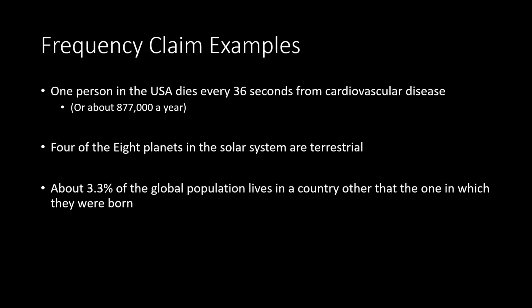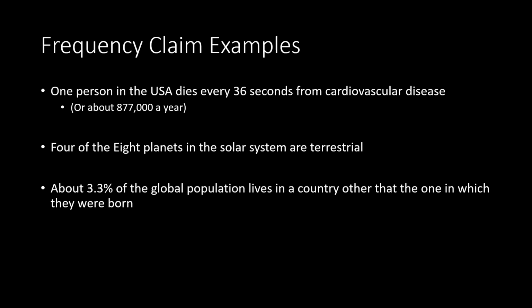Another frequency claim example would be 4 of the 8 planets in our solar system are terrestrial planets, meaning that they have solid ground upon which you could stand. And finally, another one would be about 3.3%, or about 3 in every 100 people of the global population lives in a country other than the one in which they were born.